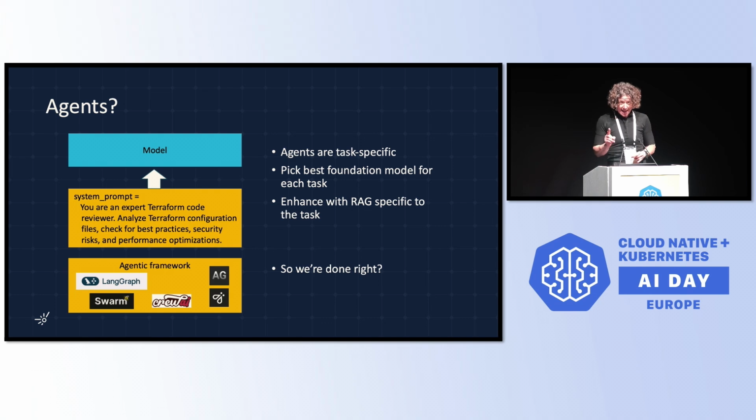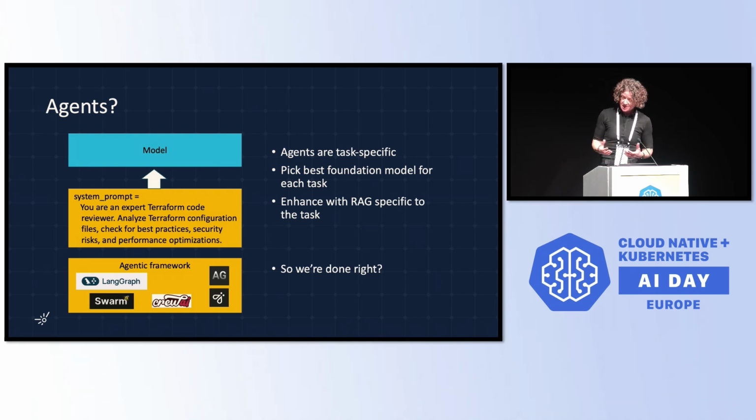Just a little bit further on agents. An agentic application breaks down a problem into a set of task-specific agents, or at least that's how we're thinking of it. Generally, we're thinking of a multi-agent application where we have a number of agents that have very specific tasks. And you create a task effectively with a prompt.